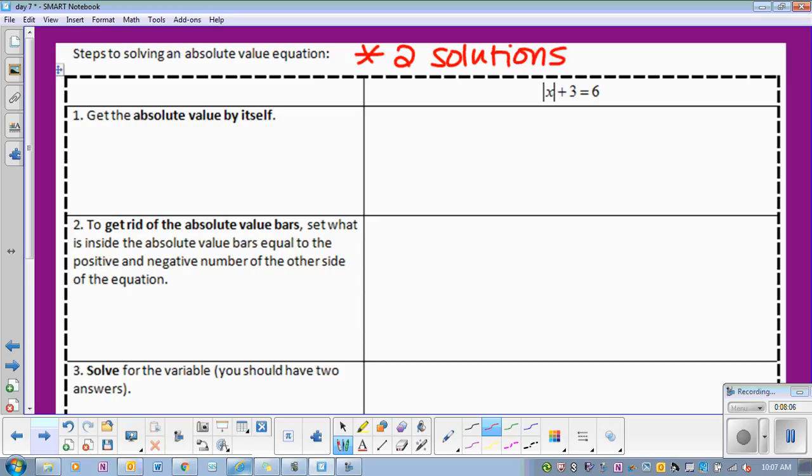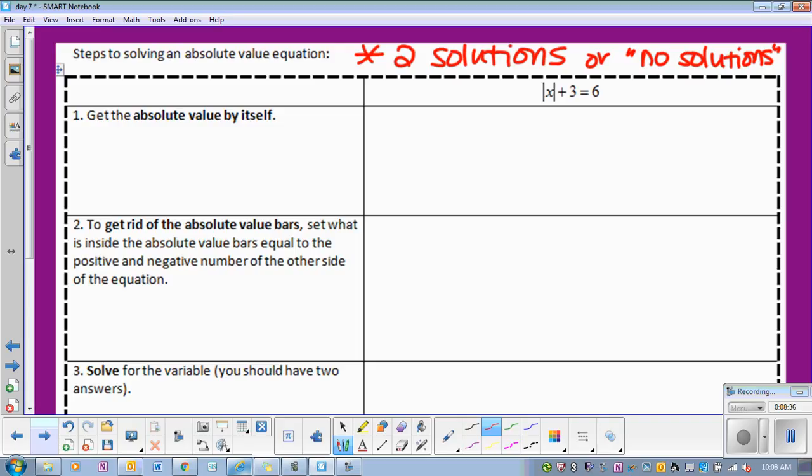You should always have 2 solutions unless it's a special case. It should be 2 solutions or no solutions. You're always going to have 2 answers, or you're going to say it's no solution.